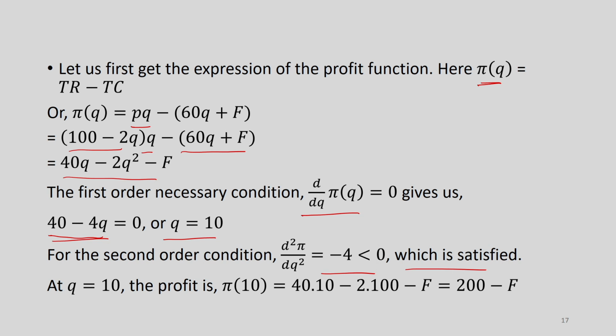Now, what is the amount of profit? The profit is given by pi, which is a function of 10 now. So, I have put q is equal to 10 here. That actually simplifies to 200 minus f. This is the maximized profit.